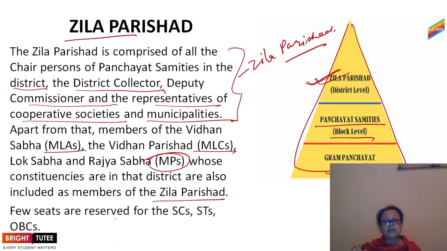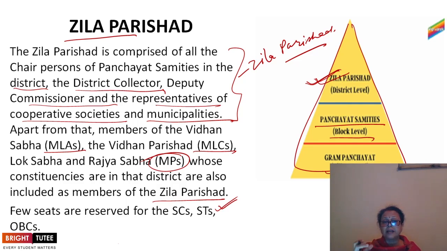Whoever wins from that constituency is automatically a member of the Jila Parishad. Here also, a few seats are reserved for the SCs, STs and the OBCs. So this is about the constitution of the members of the Jila Parishad.